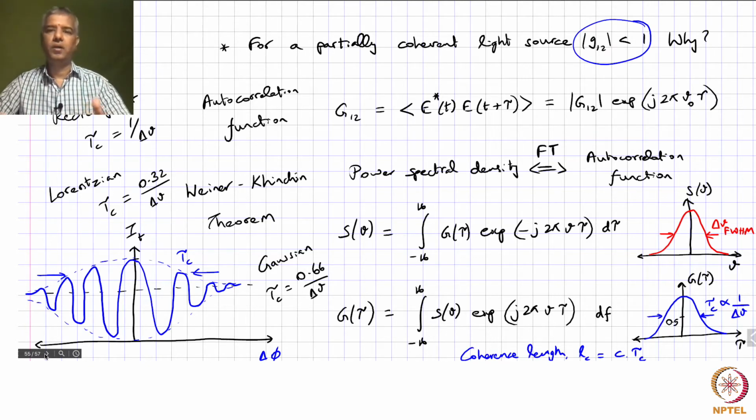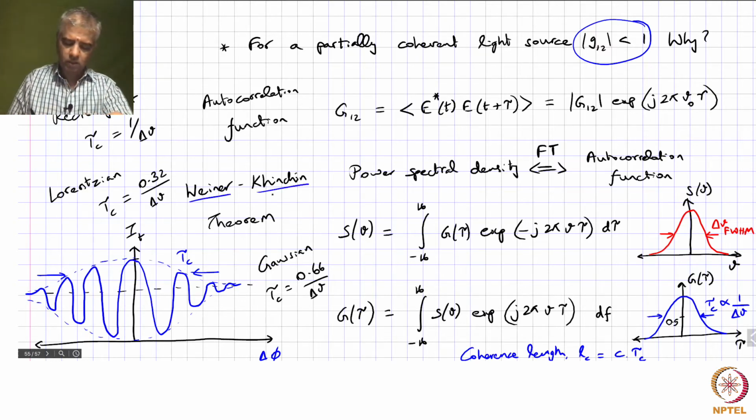So for a given autocorrelation function, you can define the power spectral density or vice versa through the Wiener-Khinchin theorem, right? If you know the power spectral density, you can figure out the autocorrelation function, or vice versa.